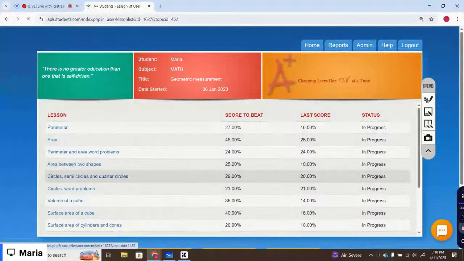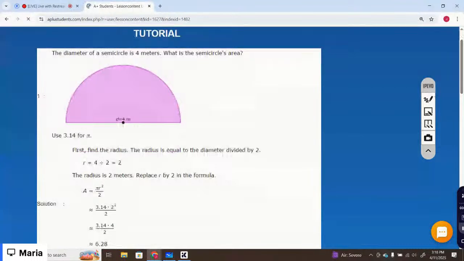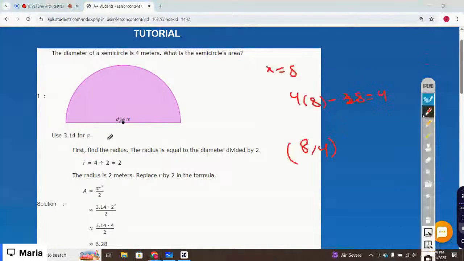Circles, semicircles, and quarter circles. The diameter of a semicircle is 4 meters. What is the semicircle's area? So we are given the diameter equals 4. The first thing is you need to calculate the radius. Radius is diameter divided by 2.